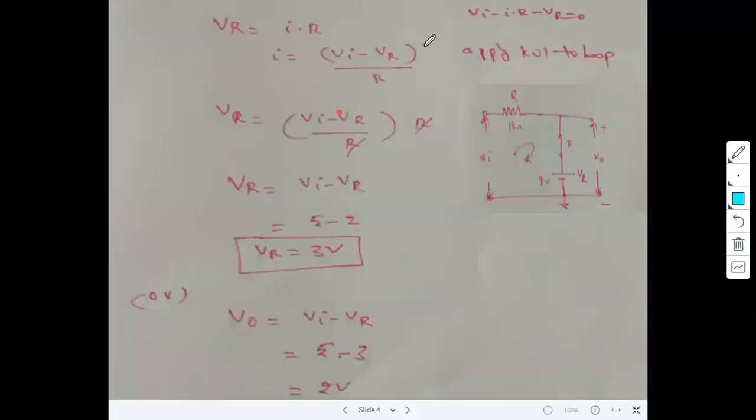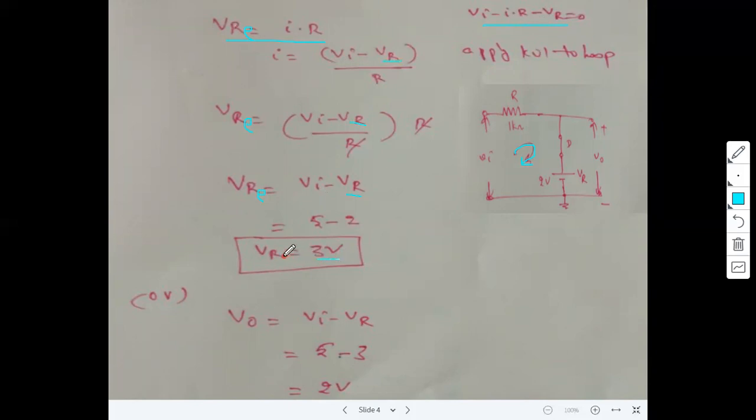Now here is some analysis. This is the circuit. Apply KVL to this loop: Vi minus IR is equal to Vr. Then I is equal to (Vi minus Vr) by R. Now substitute here to find the drop across the resistor, VR, which is equal to Vi minus Vr, where Vr is the reference voltage.